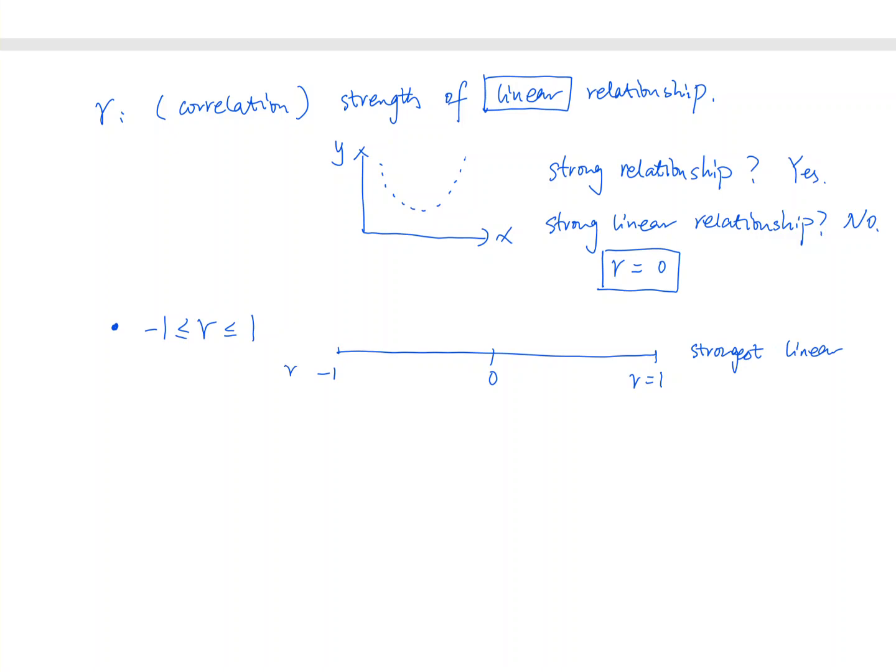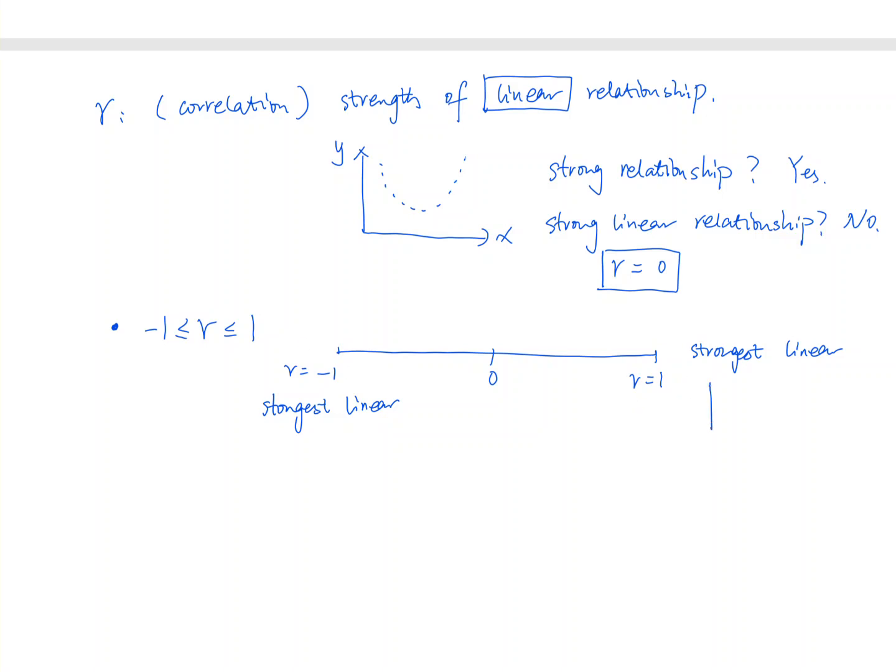The same thing when r equals to -1, we also have the strongest linear relationship. So you may ask which one is stronger, since both of these two are strongest. They have the same strength, but why is this +1, this is -1?